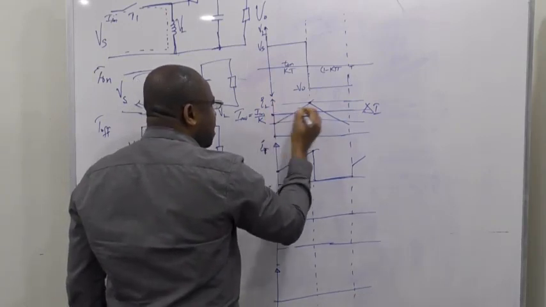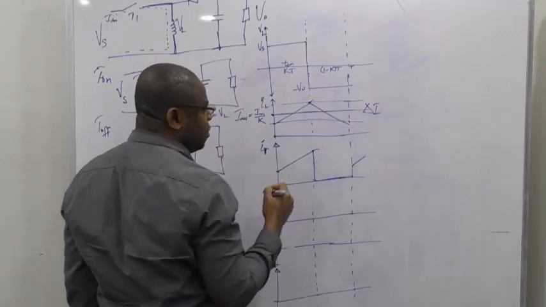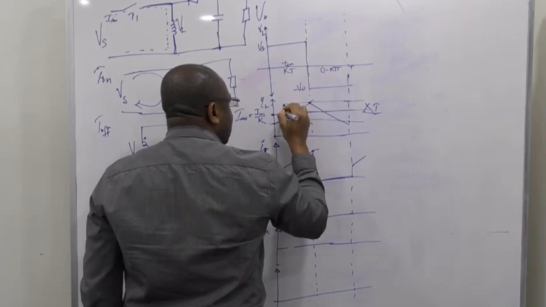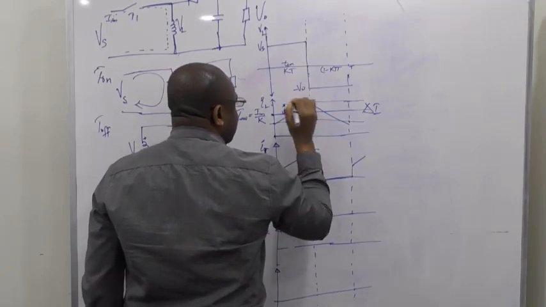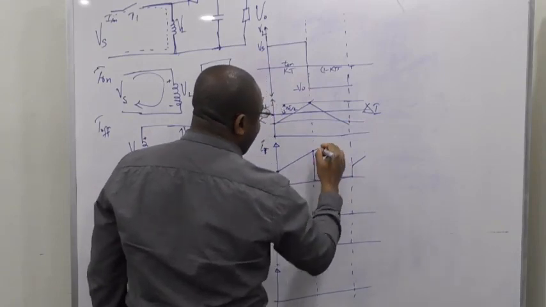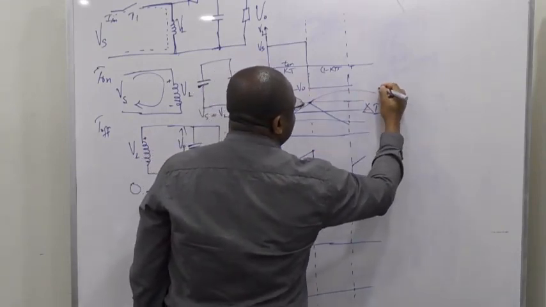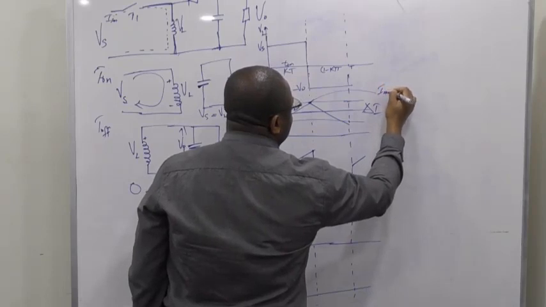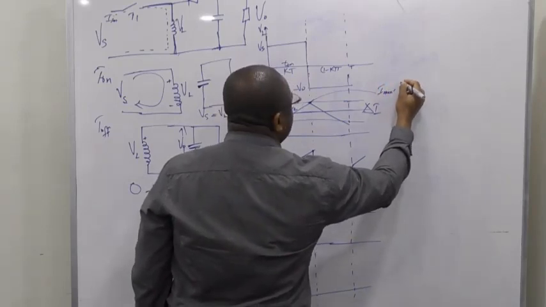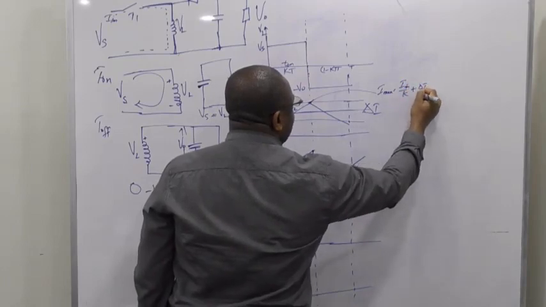But from here to here is this delta I divided by 2. So this small part is delta I over 2. So I can write here now that the maximum value at this point, I max, will be I in over K plus delta I over 2.